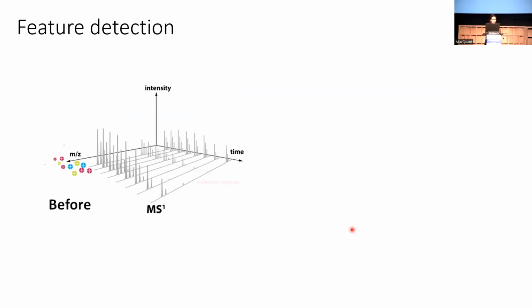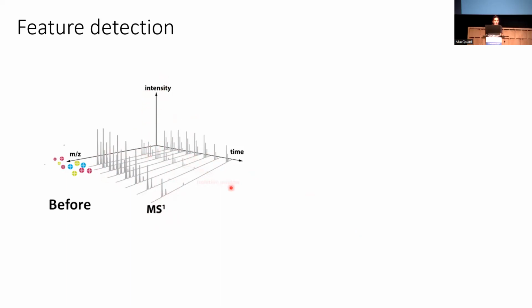This is probably familiar to you, in the sense that we saw this green landscape of MS1 spectra that the mass spectrometer gives you. This is something similar in cartoon form. This is an MS1 level, and you have the M/Z axis, the retention time axis, and the intensity axis.